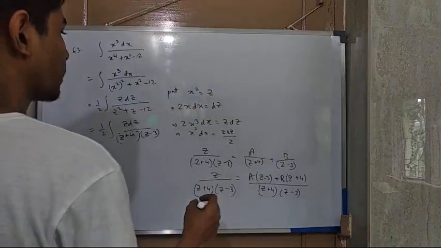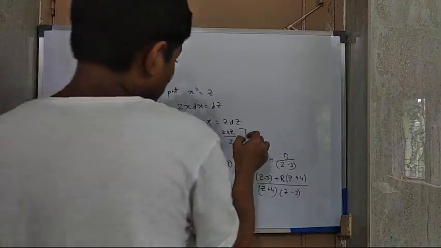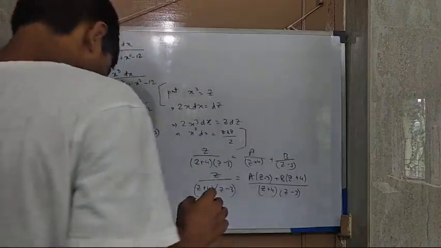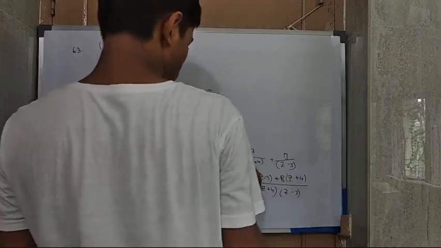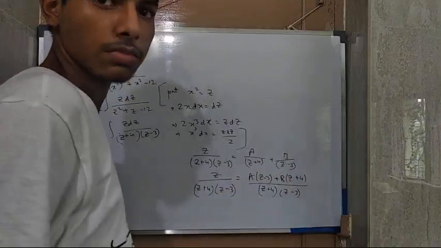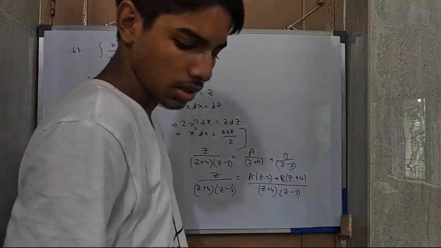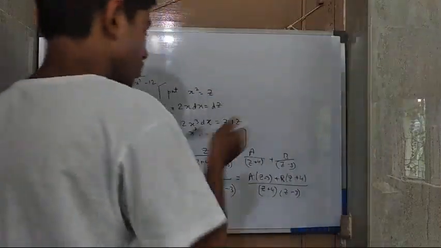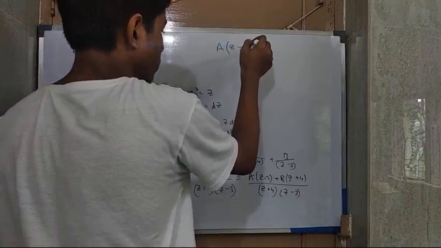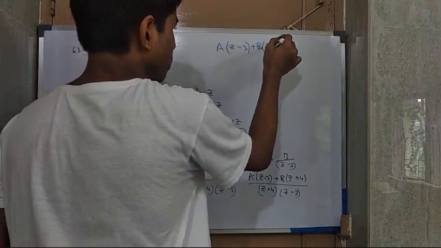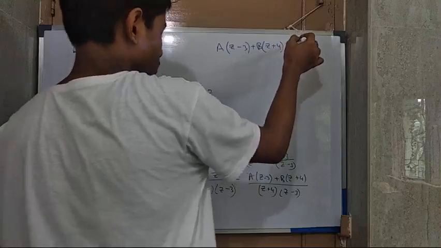Okay, so we are very close, nearly there. So let's do it in blue. a times (z minus 3) plus b times (z plus 4) is equal to z.